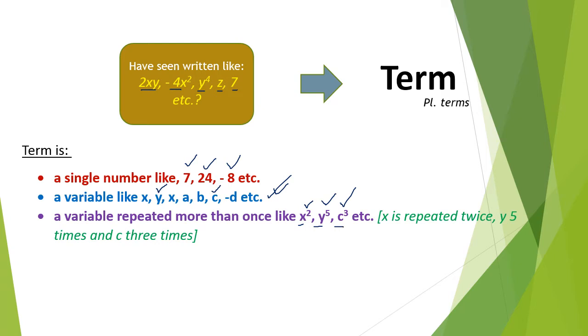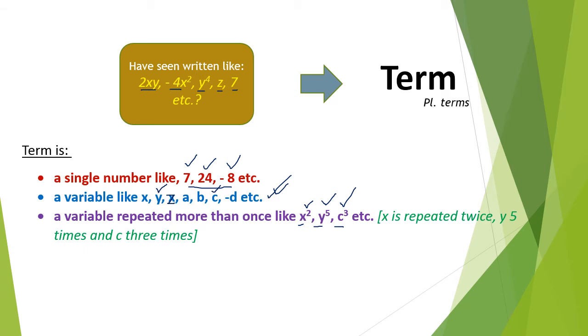You can see here x is repeated twice, so its power is 2. Y is repeated 5 times, and c is repeated 3 times. Now these are also terms, and like 7, 24, 8, they are also terms. Xyz, abc, they are also terms. If there is a minus sign, it is also a term.